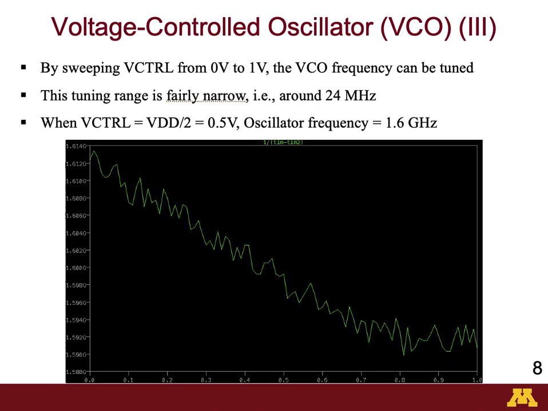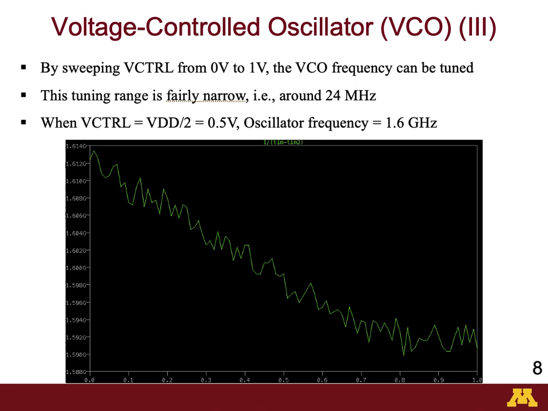This is an important slide characterizing the VCO tuning. So we sweep the VCO control voltage VCTRL on the x-axis, and we see how it tunes the varactor capacitance and in turn the resonant frequency or free running frequency of the VCO.